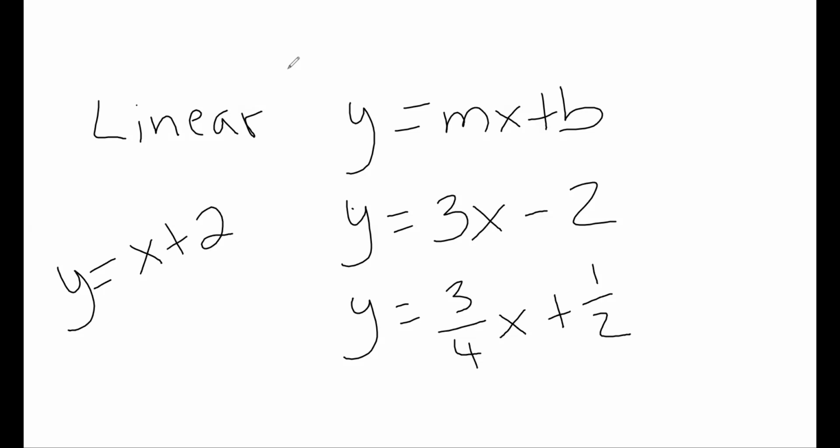Anything like that. Remember that if there's no number in front of the x, technically it's a 1. But when we do math, somebody decided a long time ago, we don't need that 1. We're just going to leave it as an x. But that's still a linear equation. It's mx plus b. So those are some examples of a linear equation.